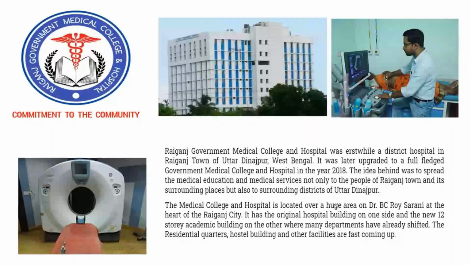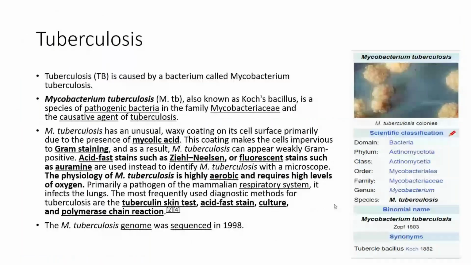So what is tuberculosis? Everyone knows that it's a disease. If you ask a normal class 10 or class 12 student, mostly they will tell you that it's a disease of the lung, but it's not a disease of the lung only. There is another term, miliary tuberculosis or extrapulmonary tuberculosis.